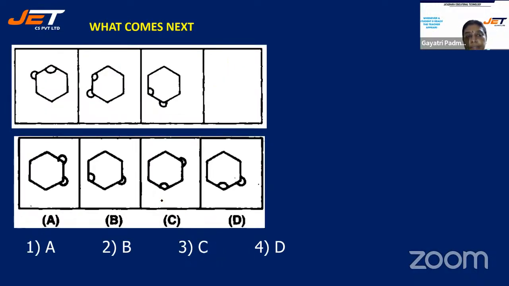All right. So in this, you see, one, 2, 3, 4, 5, 6. So first check 1, 2, 3, 4. All are 6-sided. Right. So now here, the thing is, this small outer one is moving anti-clockwise, right?